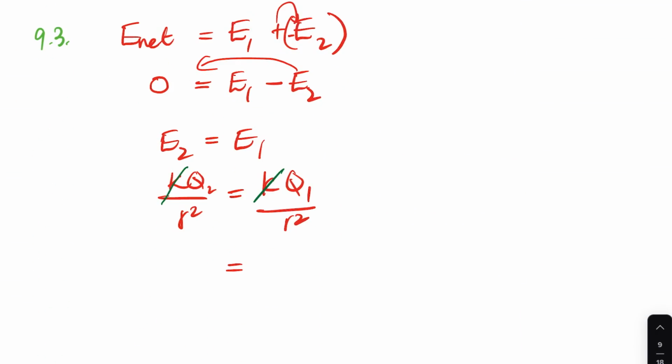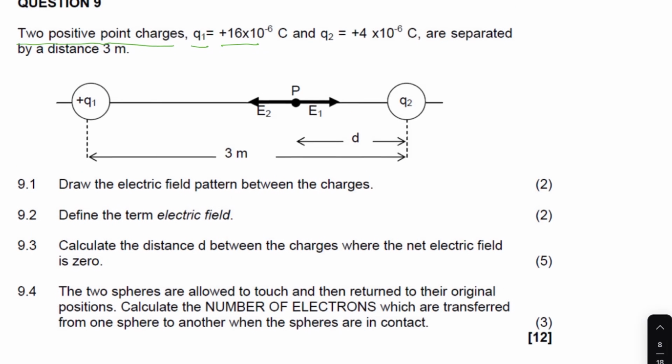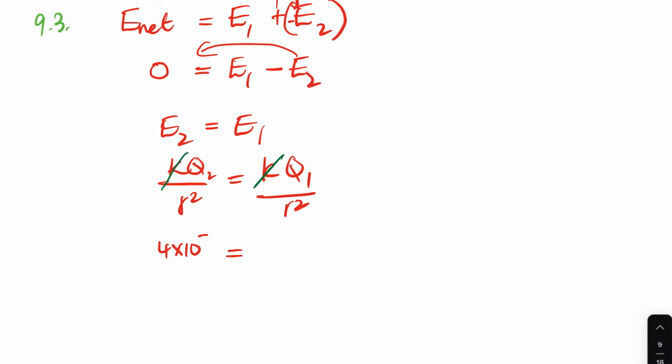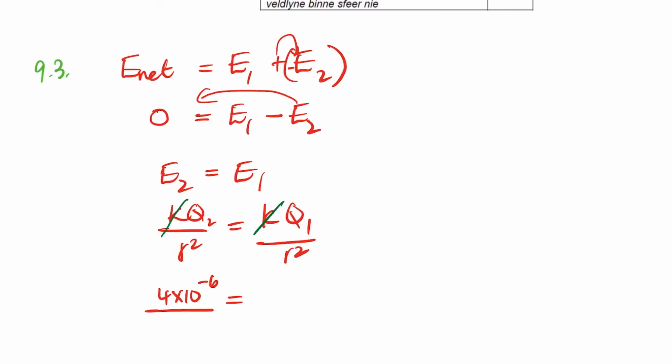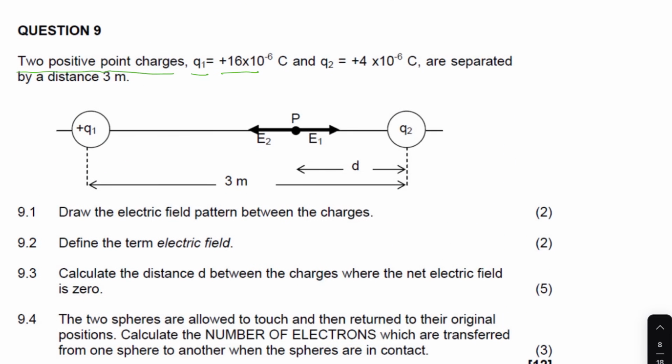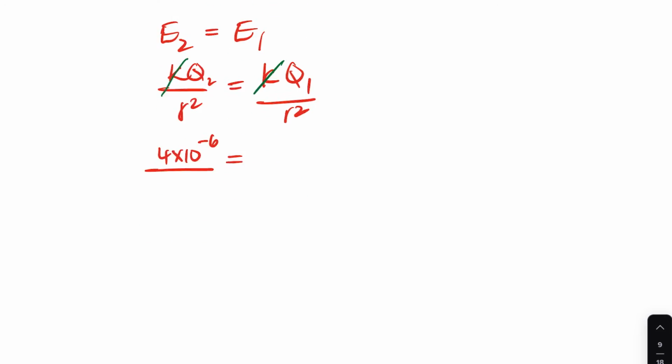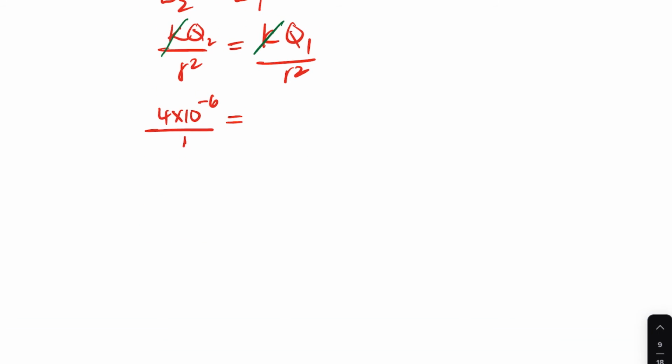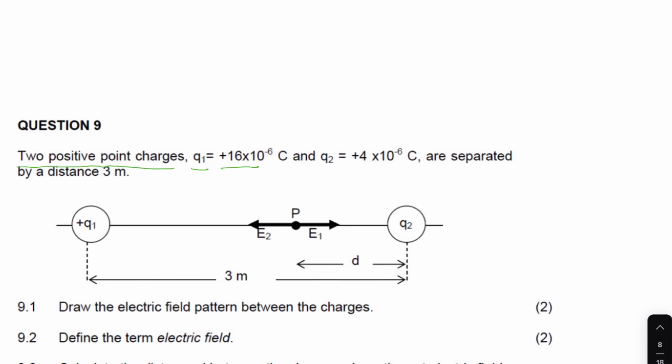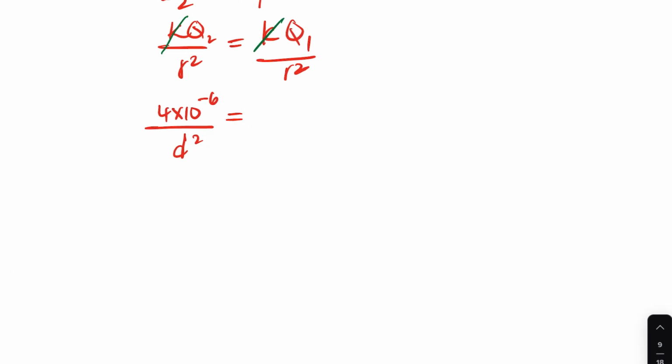Q2 is positive 4 microcoulomb, divided by the distance from here to here, which is d. So the distance there is d squared, right? And then Q1 is 16 microcoulomb.